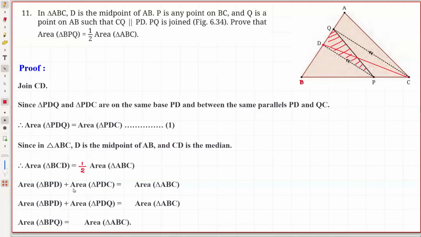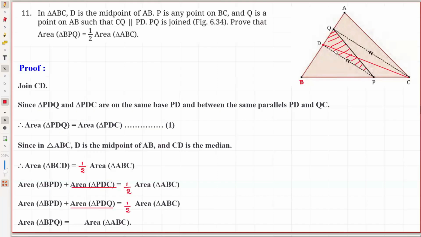So instead of the area of triangle BDC, I can write BDQ, from equation number 1. This side we have half of the area of triangle ABC, and this is also half of the area of triangle ABC.